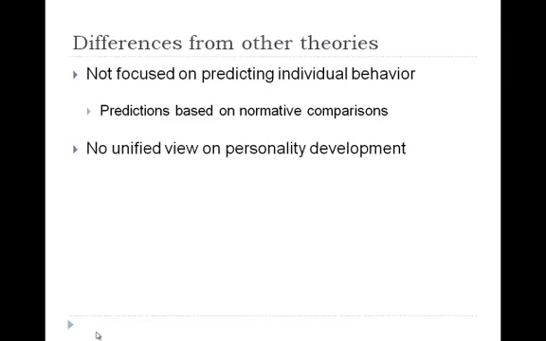Another difference is there's not really a unified view on personality development. There's not really trait theorists out there, modern ones, that talk about how you come to be high or low on traits. Trait theorists and researchers do look at the questions of why some individuals are higher or lower on some traits, but usually they'll pick some trait, like, okay, in terms of self-efficacy, why are some people higher or lower on self-efficacy? But then that'll be a separate question from why some people are higher or lower on openness to experience.